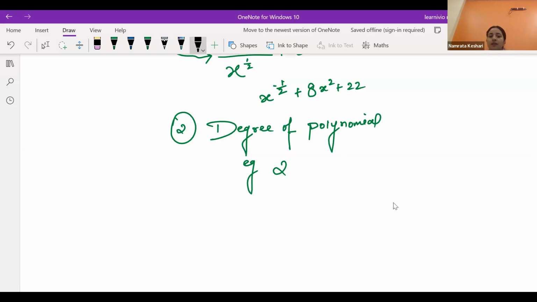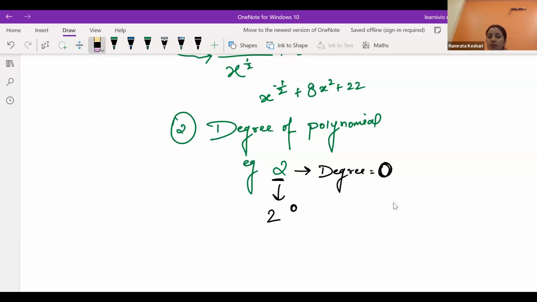Let's see. This is a polynomial having degree 0. Why 0? Because we are taking it as 2x to the power 0. Why are we writing x to the power 0 over here?